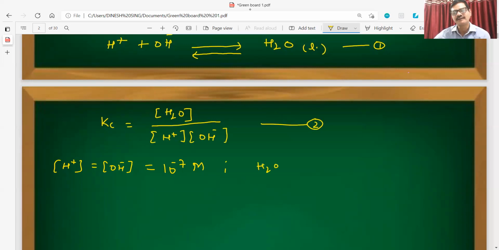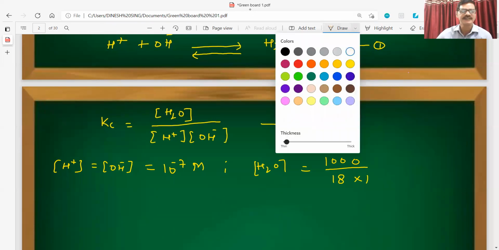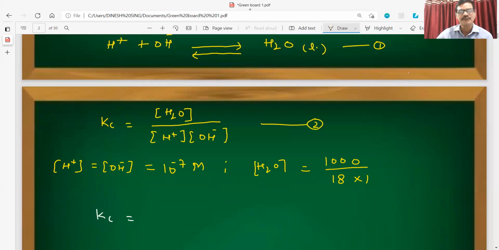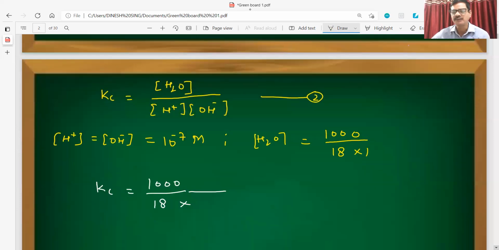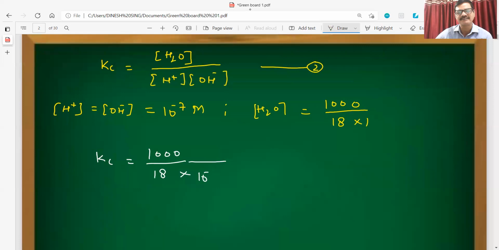And for pure water, the concentration of H2O is the weight of H2O, 1000, divided by its molecular weight, into volume of 1 liter. So this is also constant. Now what will be the Kc value? Kc becomes equal to the H2O concentration, 1000 by 18, that is 55.55, divided by the concentration of H positive, 10 power minus 7, into OH, also 10 power minus 7.